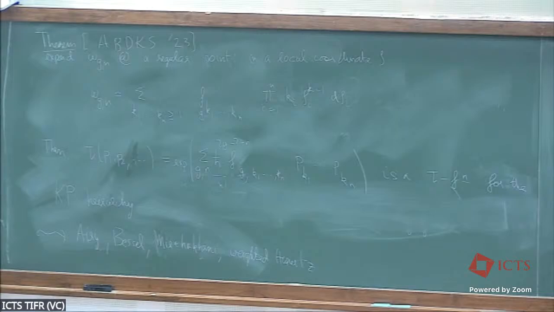Is there a way to see that non-trivial information? I think not directly. I don't think so, because just looking at the fact that it's a KP tau function, the equations of the hierarchy are the same, right?